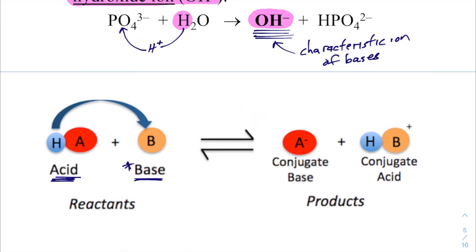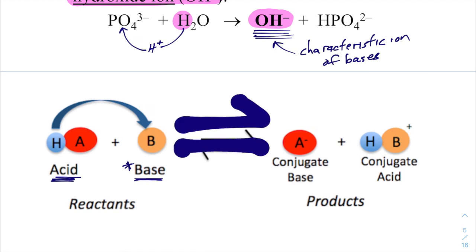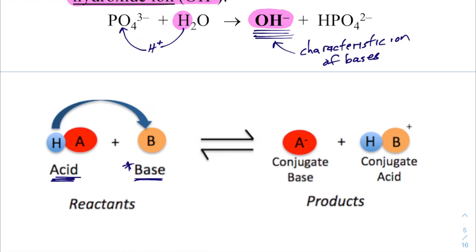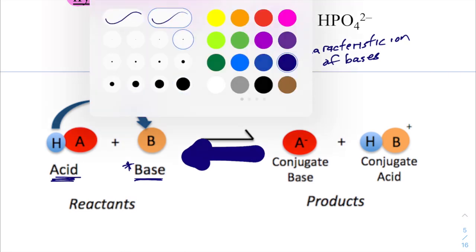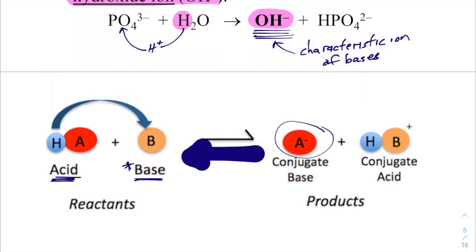But what you need to understand is we just spent a whole unit talking about equilibrium, and equilibrium reactions go two ways, right? So if we look at the reverse reaction now, the thing that was created, the A that's left behind with a negative charge, and now the HB plus, which was created, those can also go backwards, right? We're not going to get into what these are. These are called conjugates.